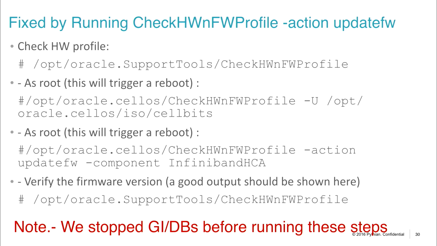So you need a maintenance window for this. Then you need to run the same command, but with an action update for the profile, and the component that you're going to be updating, in this case the InfiniBand HCA. Once we did that, we brought up the grid infrastructure and the databases, and we checked and verified that the firmware version was now matching, and it was.